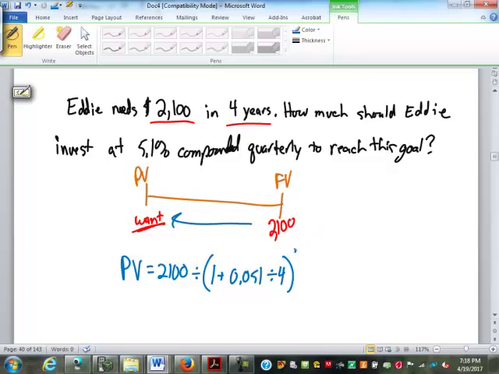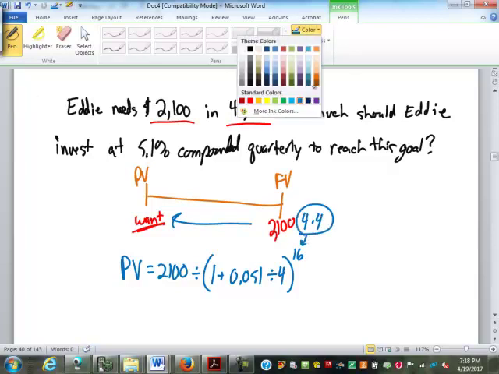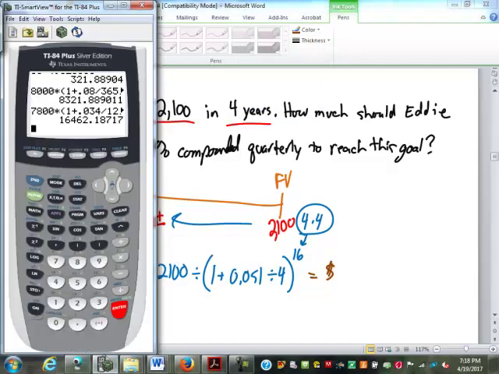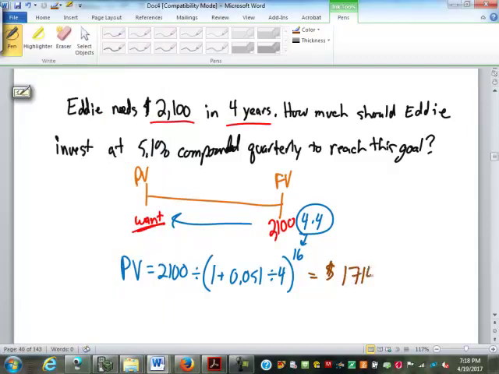The power of 16. Good. 4 periods per year times 4 years makes 16. So 2,100 divided by 1 plus 0.051 divided by 4, power of 16. 1,714.68. How many of you got that one? Okay, a few less. Any questions on how we got there? Everybody sees where the mistake was? Okay.